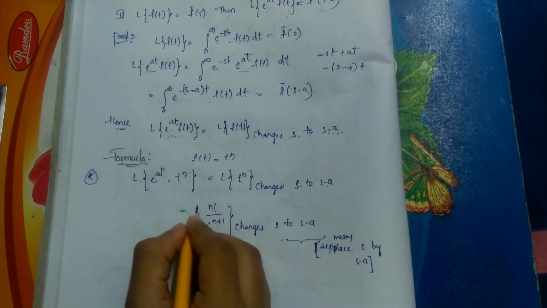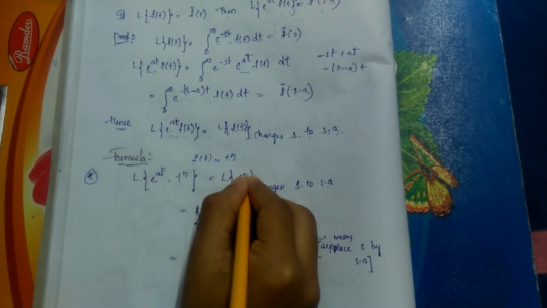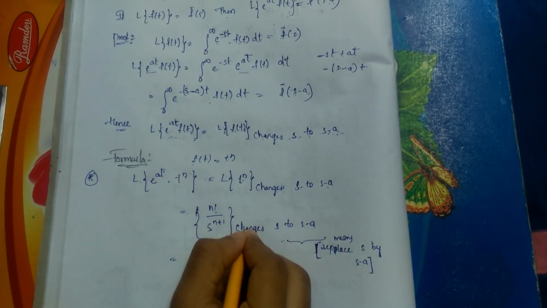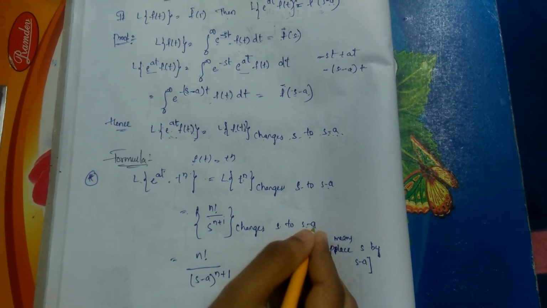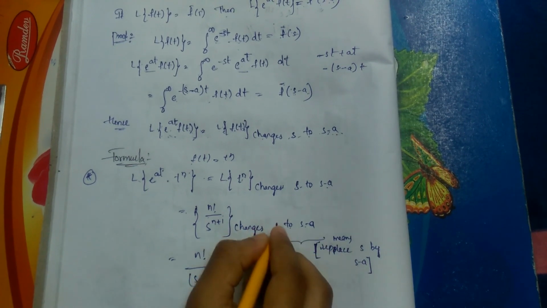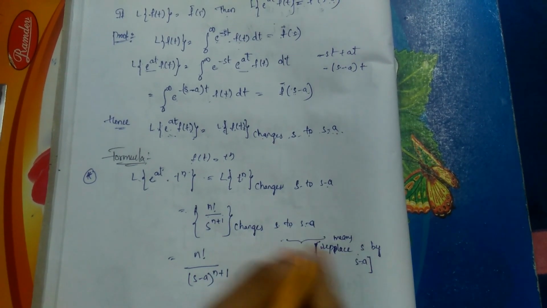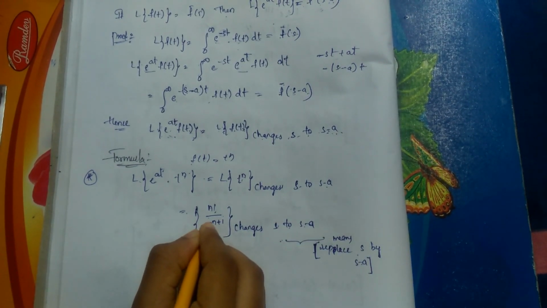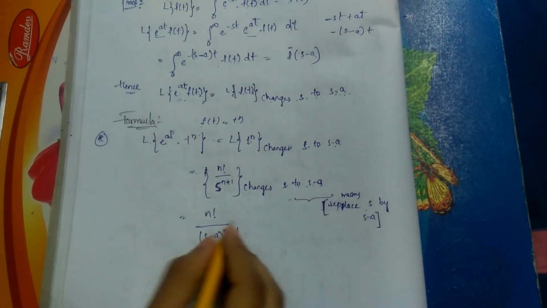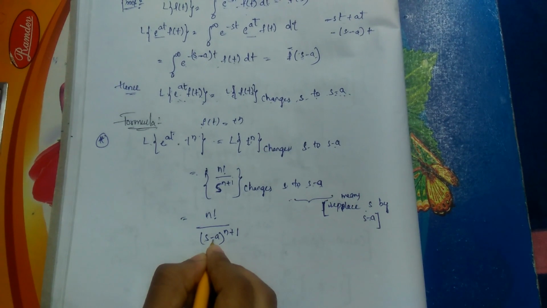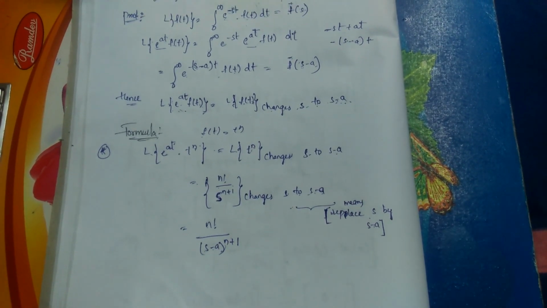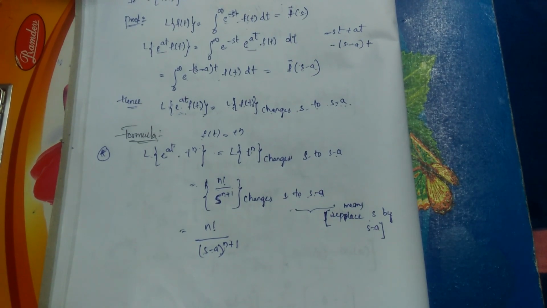The Laplace transform of t^n is n factorial by s^(n+1), and this also changes from s to s minus a. Changing s to s minus a is nothing but replacing s by s minus a. So that is n factorial by (s minus a) to the power n plus 1. In this way we use the first shifting theorem.